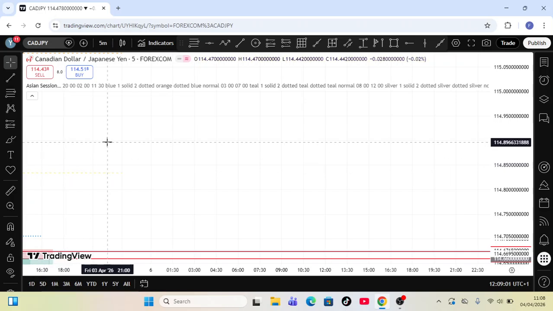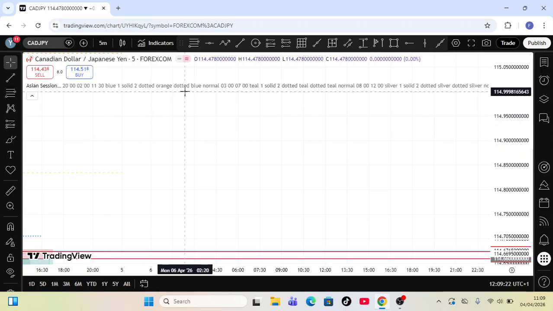I know a lot of you will be thinking, oh, this indicator, it will be showing you where to buy and where to sell. No, that's not the use of this indicator. This indicator only indicates the session you are trading on. Without this indicator, you don't know whether you are trading on Asian session, London session, or New York session.